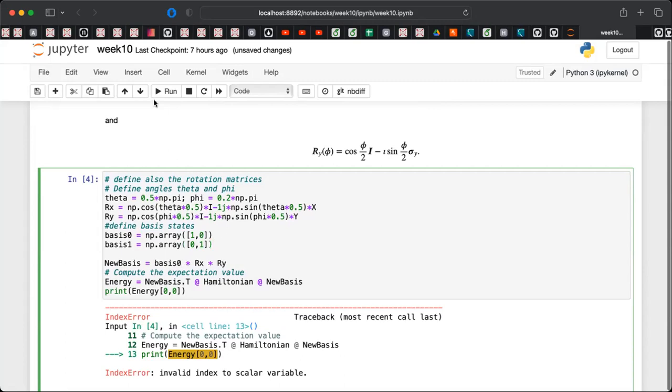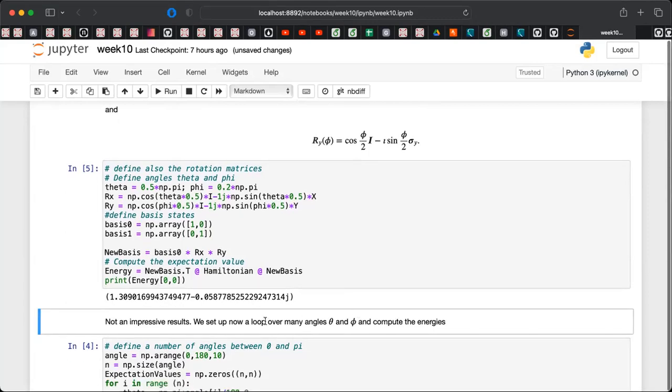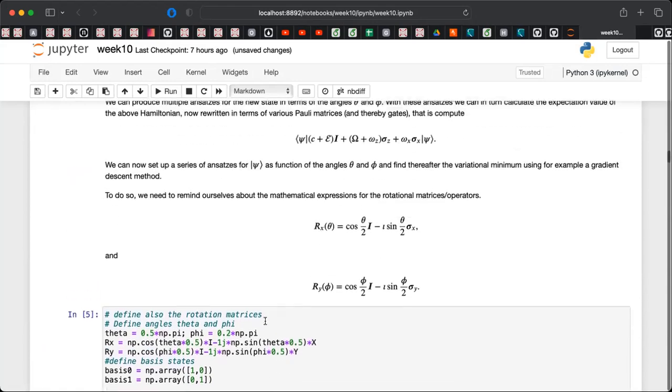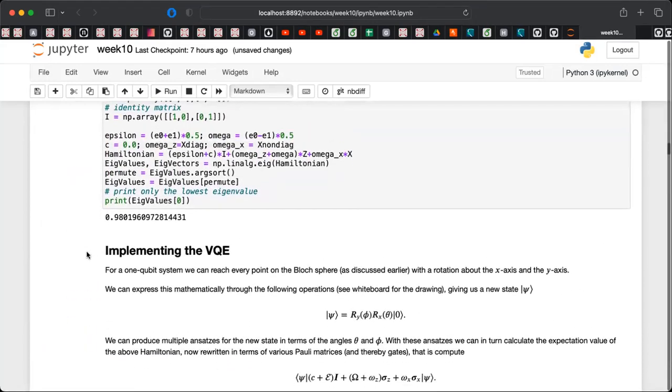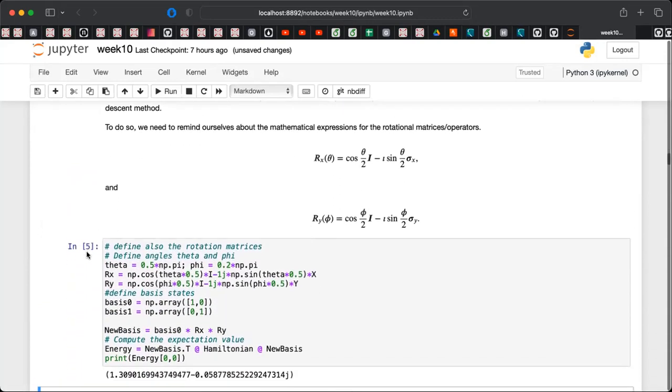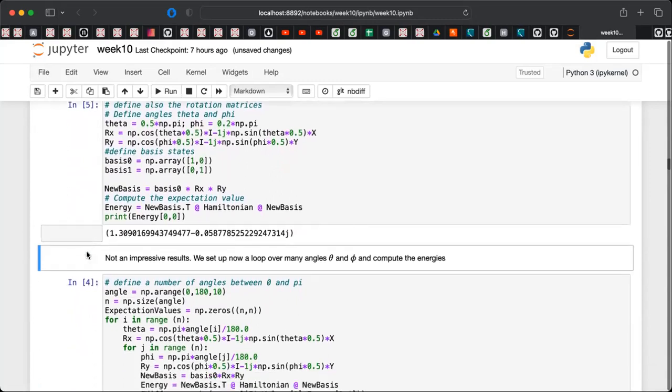So if I set up my new basis and then I calculate the eigenvalues, that should be 1.3, and then I have an imaginary component. And this is actually not a very impressive result if you think of the result which we wanted, which is 0.9.